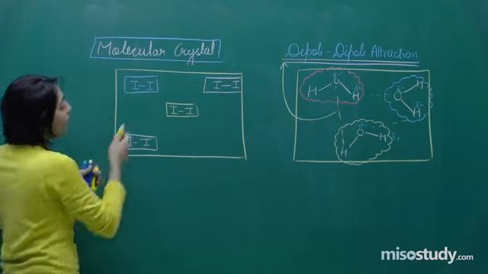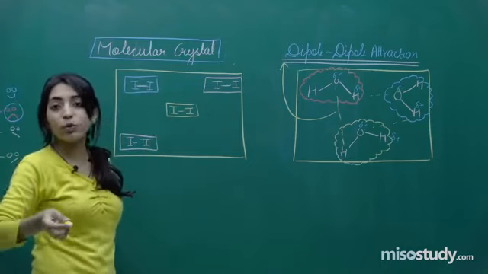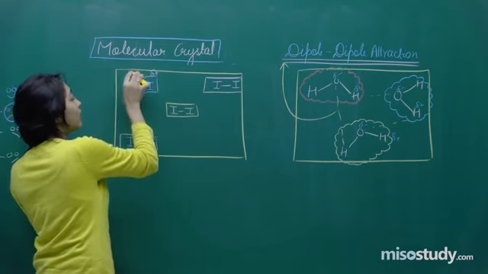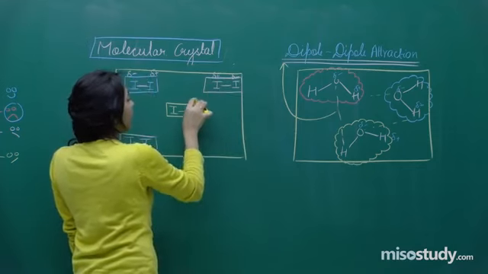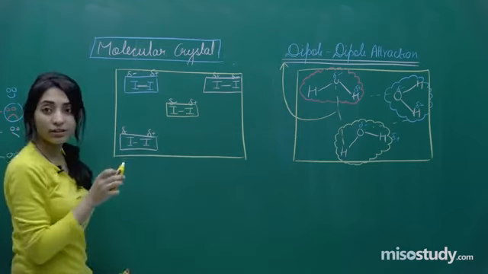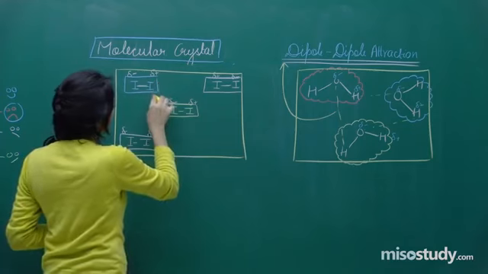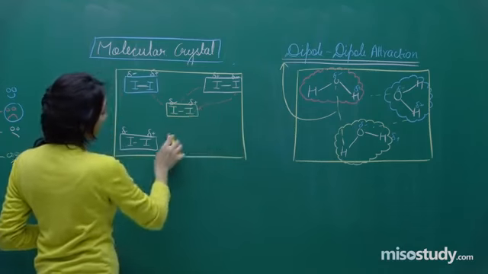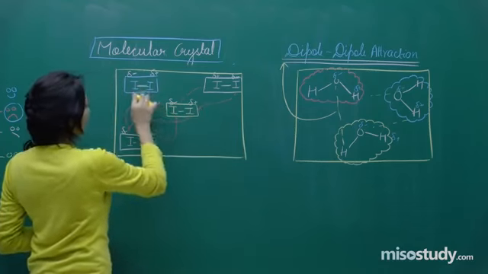But I know these electron clouds are continuously moving. So because of the continuous movement of the electron cloud, it is possible that one of the iodine gets delta plus, other gets delta minus. One can get delta plus, other can get delta minus. Quite possible, right? Now, because of the interaction, this can interact here, this can interact there, this can interact here, here, here, right?